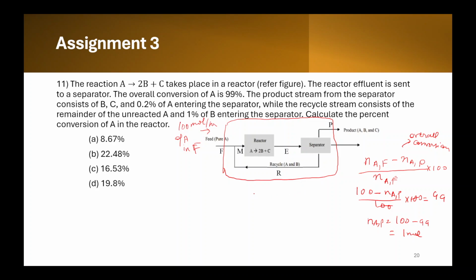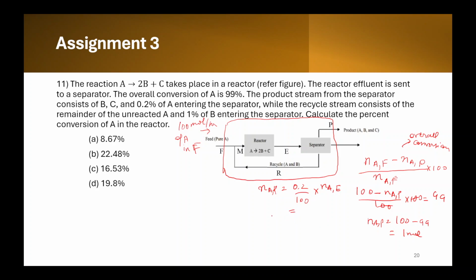Now we are given that NAP is equal to 0.2 by 100 into N of A in the effluent. Entering the separator is the effluent stream, right? So N of A in E, that 0.2% is NA of P. Okay.